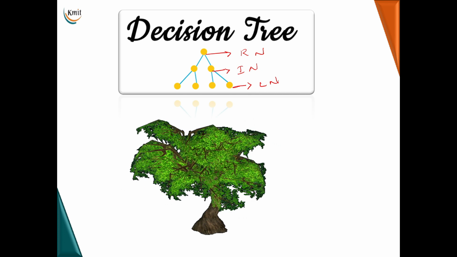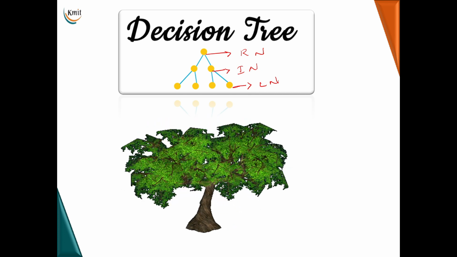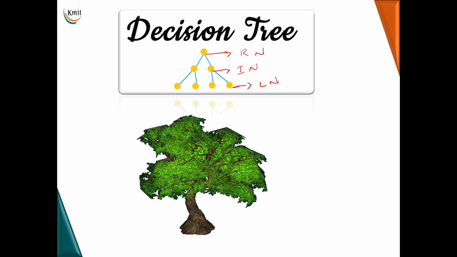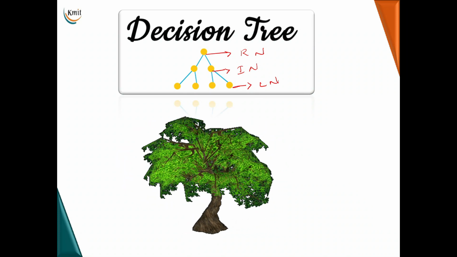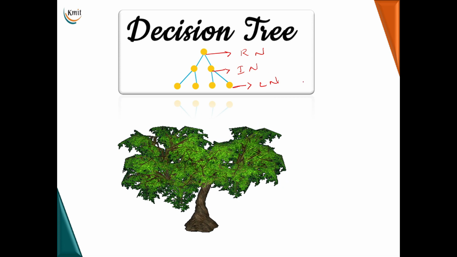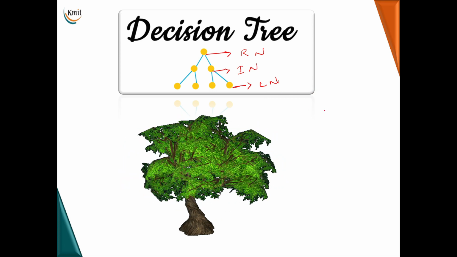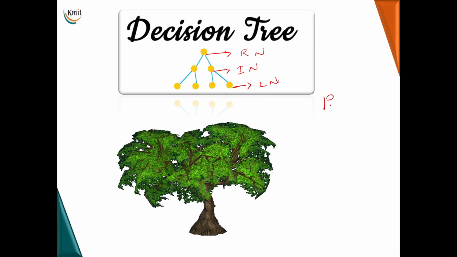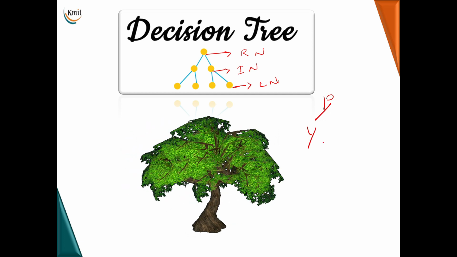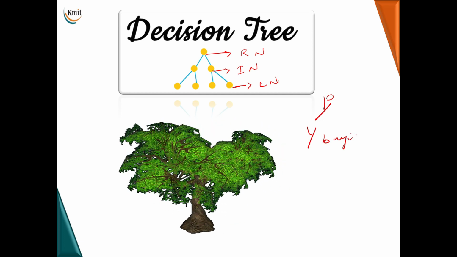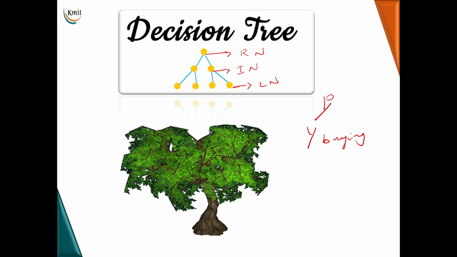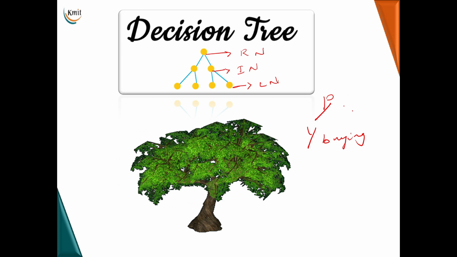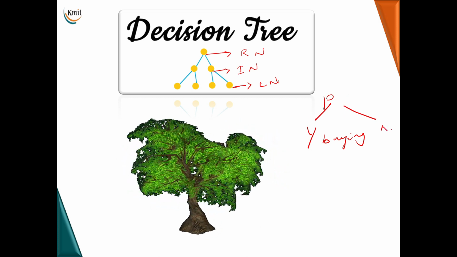Now why are we using this? What is the use of this? See, when I tell you randomly like this, are you able to understand? No. Now if I draw it in such a way that I have a pen and I am buying it, are you able to understand? Yes.